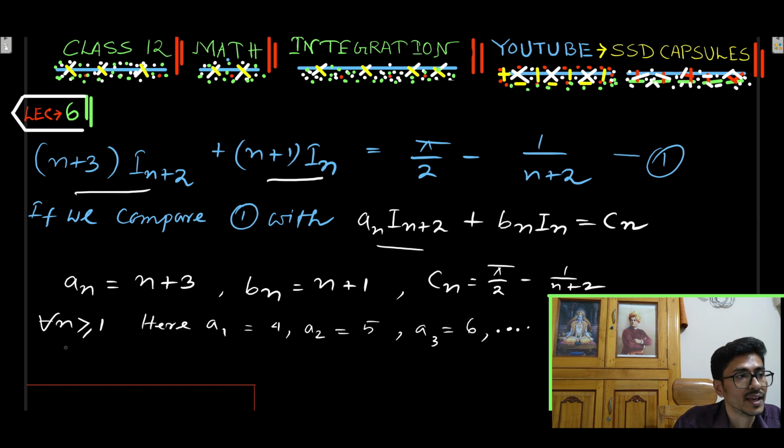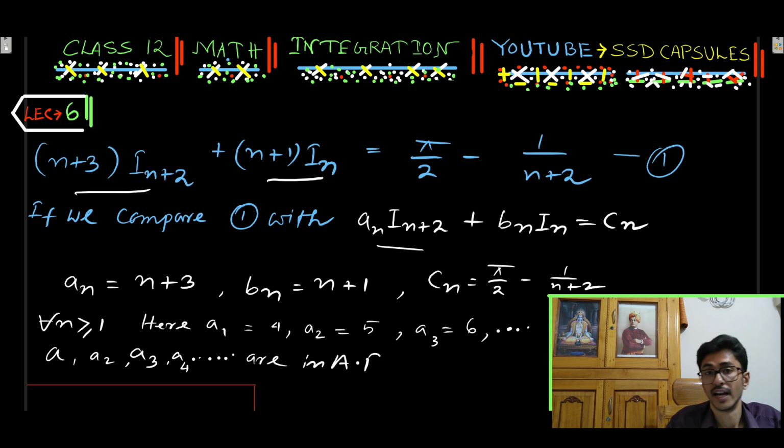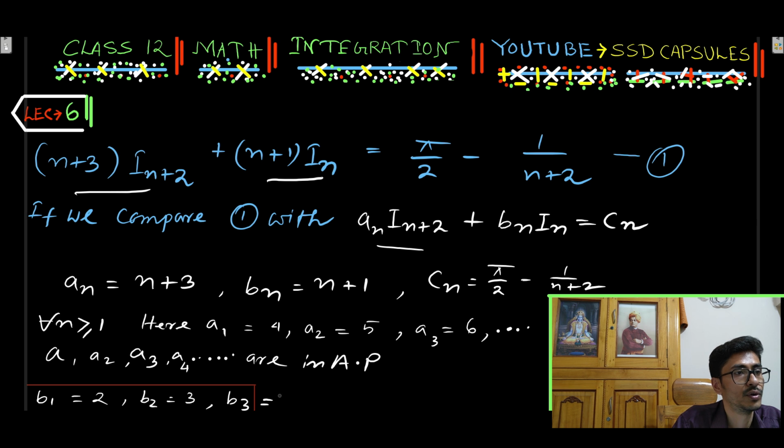Therefore a_1, a_2, a_3, a_4 are in AP, arithmetic progression. Also b_1 equals 2, b_2 equals 3, b_3 equals 4 and so on. Therefore b_1, b_2, b_3 are in AP.